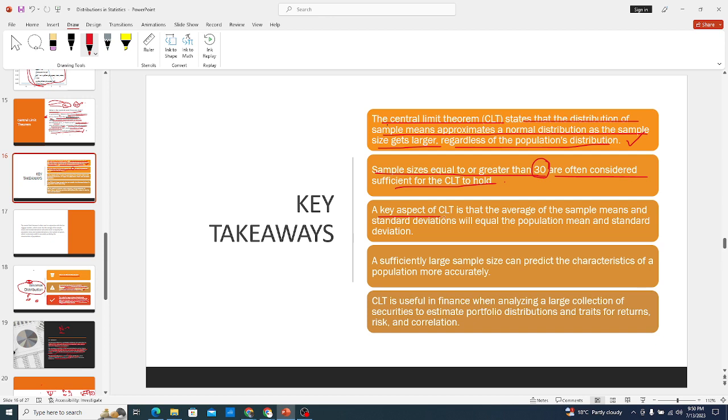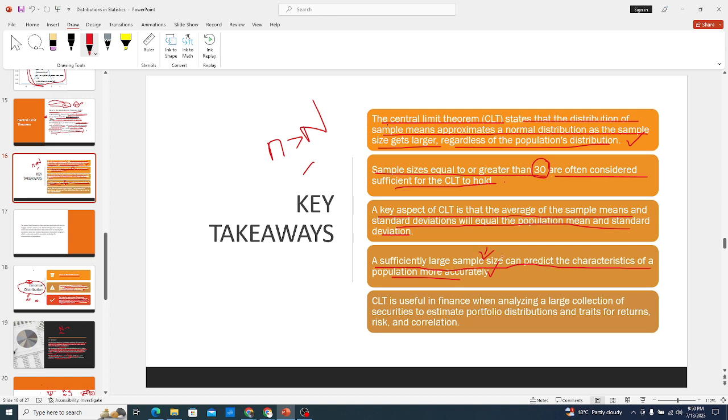A key aspect of the central limit theorem is that the average of the sample means and the standard deviation will equal the population mean and standard deviation as n increases towards the big N. So a sufficiently large sample can predict the characteristics of the population more accurately than a small one.